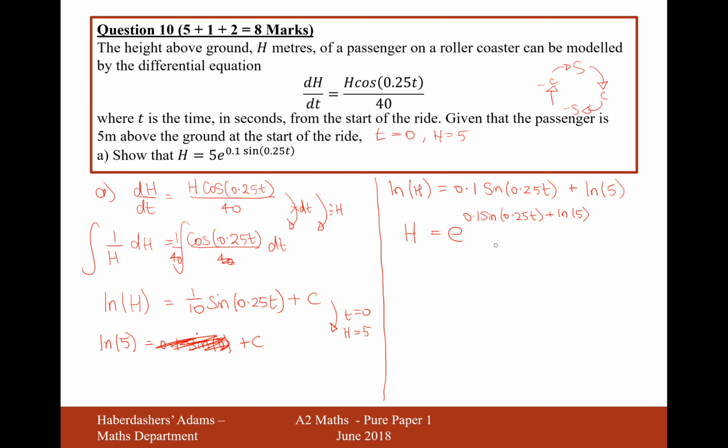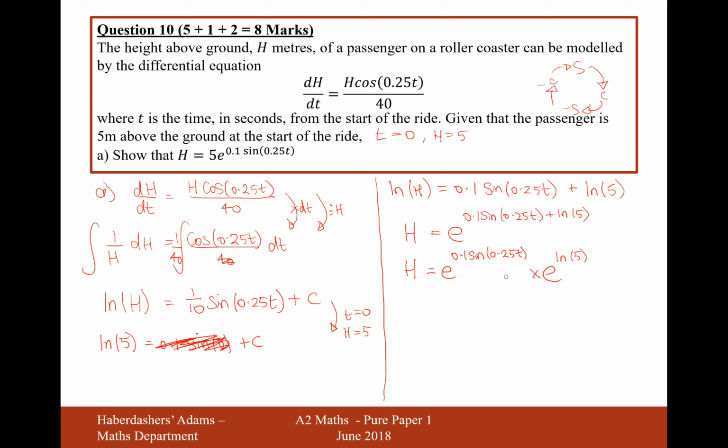Now what we can do with this e is separate this addition. When you separate addition on indices, you effectively multiply with the same base number. So it's e to the 0.1 sine 0.25t, and then to separate this plus ln 5 we times e to the ln 5.